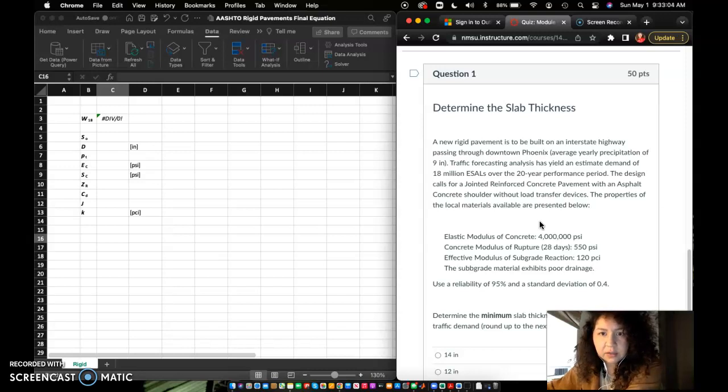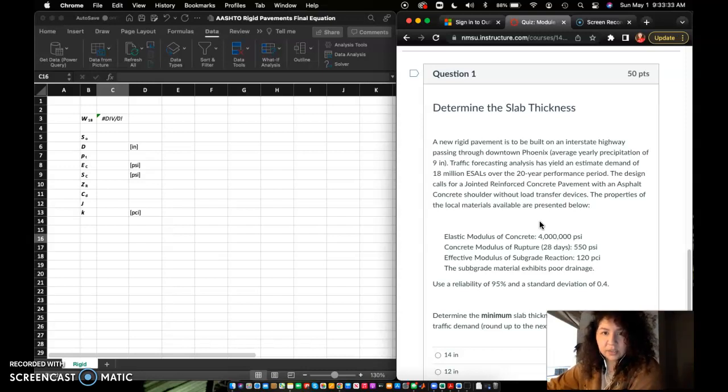The design calls for jointed reinforced concrete pavement, JRCP, with an asphalt concrete shoulder, without a load transfer device.